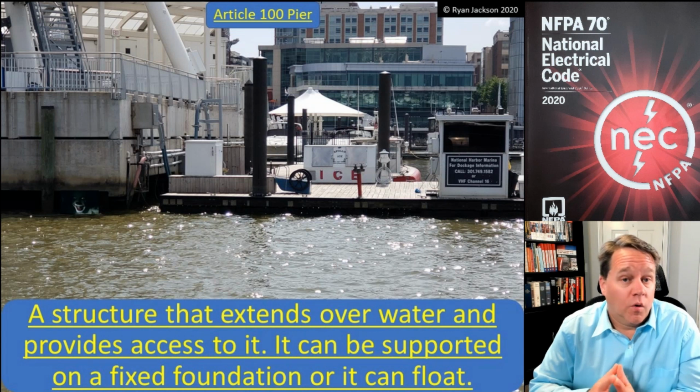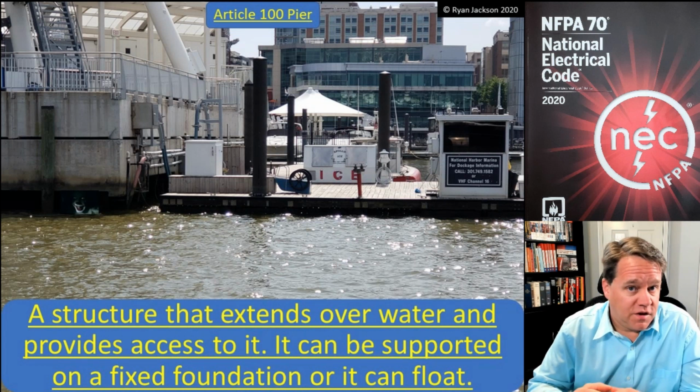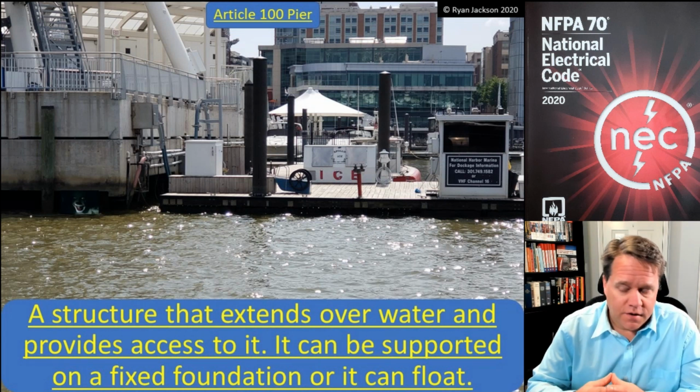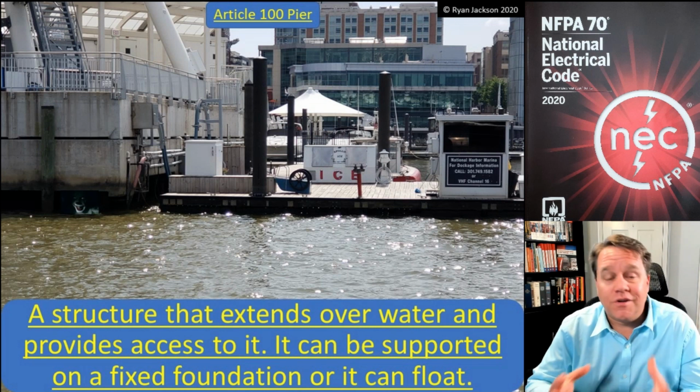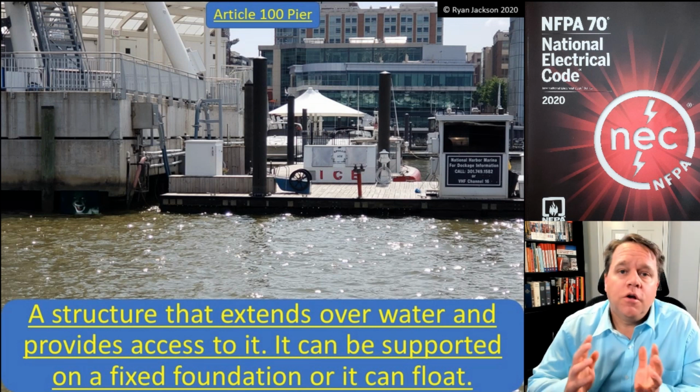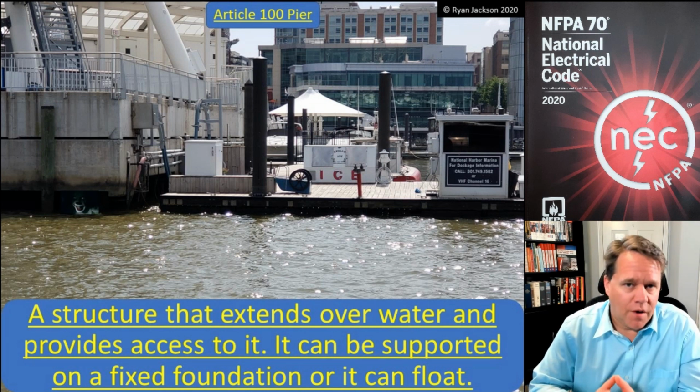Last 10 years or so, Article 555 has seen a lot of action. And unfortunately, the main reason for that is that we're only just now starting to really understand a phenomenon known as electric shock drowning.